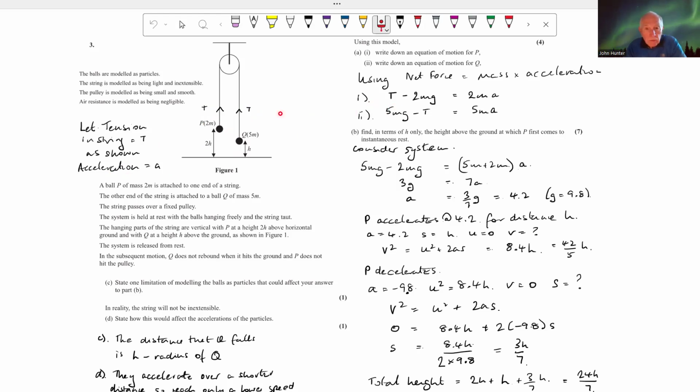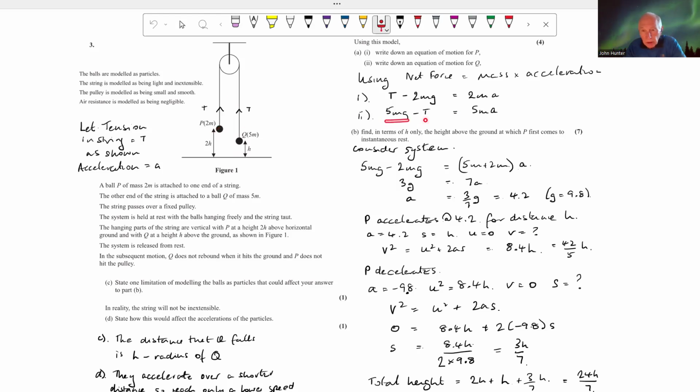When we're looking at P, which is going to travel upwards, we can see intuitively that T is going to go upwards. The tension minus the downward force, which is 2m times the gravitational constant g, is equal to 2ma, the mass 2m times the acceleration.